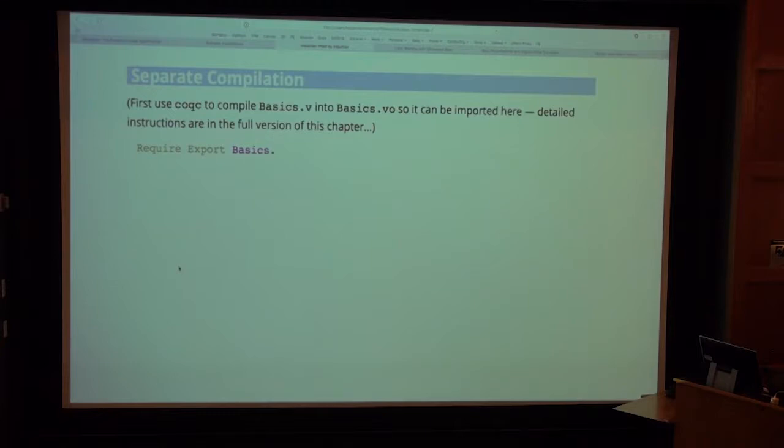Okay, separate compilation. Again, you've probably mostly encountered this already and solved it, but this line will be the place where things will get messed up if you're having search path problems.